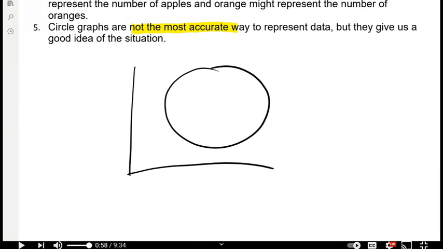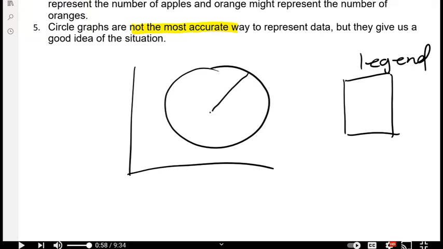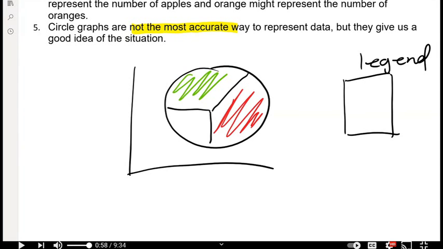Okay, so with our graph, we need to have a legend that talks about each of the different parts of the circle. So I might fill this in to be red. This part here is green. This part here is, let's make it, pencil shavings.